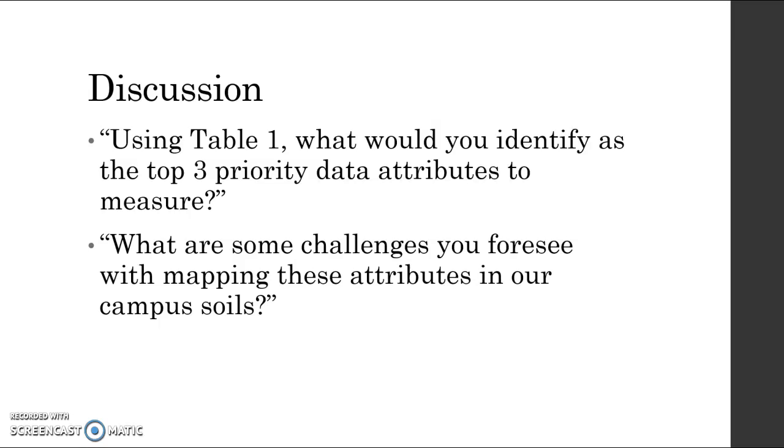And then if there's time, what are some challenges you foresee with mapping these attributes in our campus soils? I think this will really help both sides explain their view on what needs to be done to advance sustainable soil management on campus.